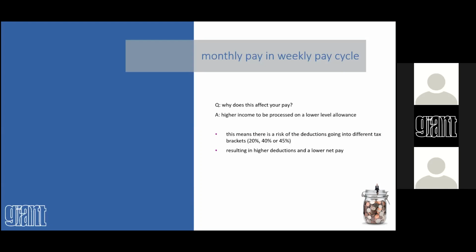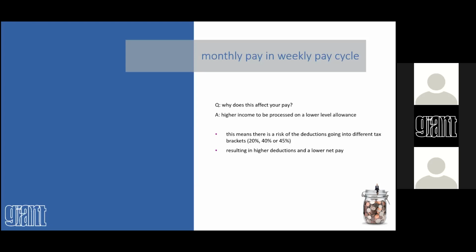If, for example, there is only a 3-week gap between your payments, you will have accumulated a 3-week tax-free allowance for your next payroll. If Giant then receive a month's payroll, in this example 5 weeks, the tax allowance will be lower than it should be, as we will process 5 weeks of work against 3 weeks of tax allowance.